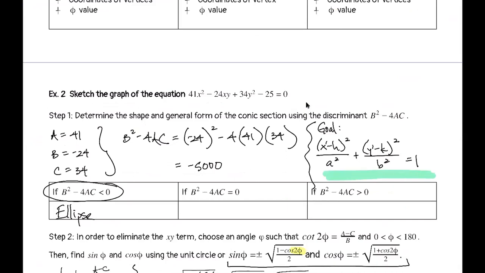Again, we're going for a form that looks very graphable, but it just happens to be in that rotated axis, all right? So we'll have x primes and y primes instead of x and y.